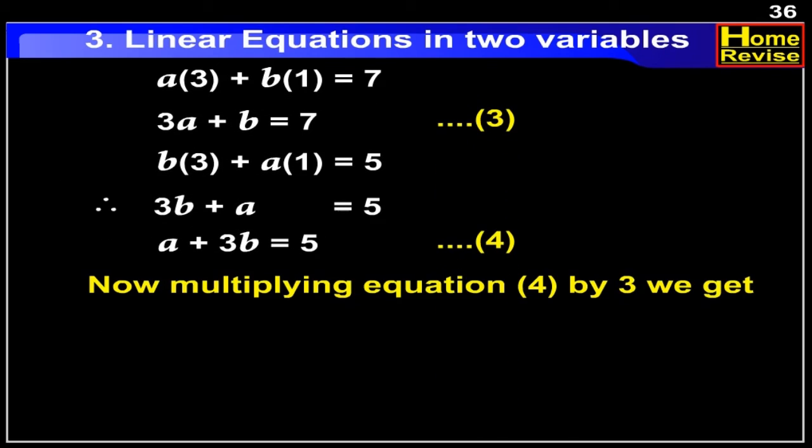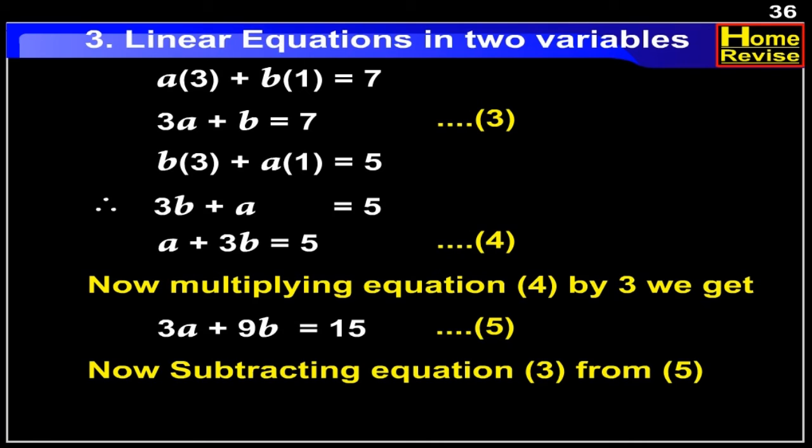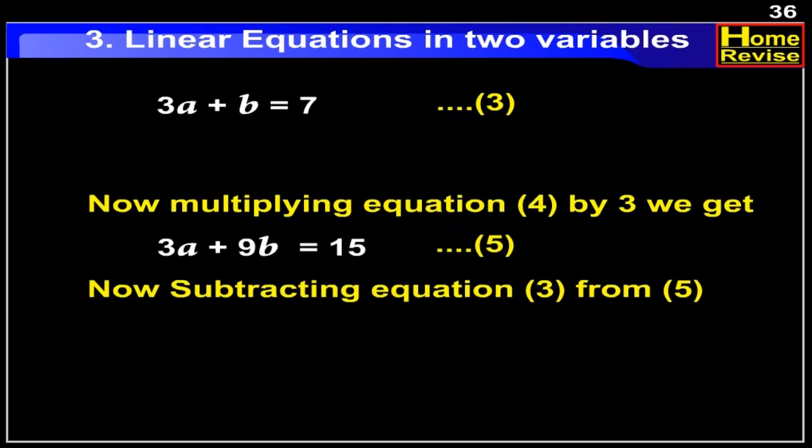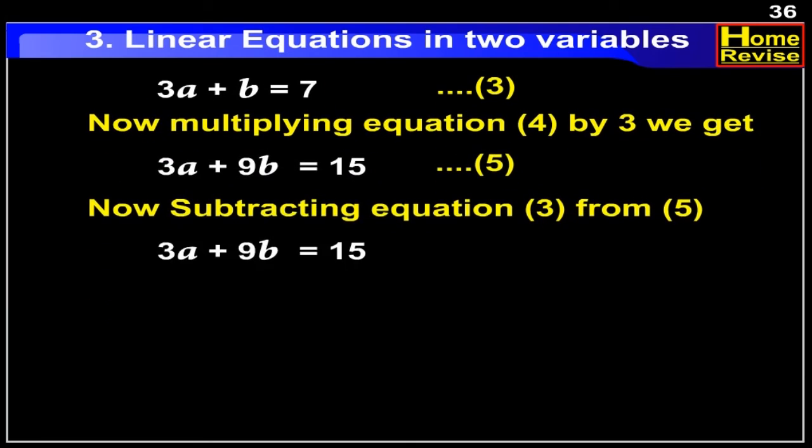Now multiplying equation 4 by 3, we get 3a plus 9b is equal to 15. Let this be equation number 5. Now subtracting equation 3 from 5, we get 3a plus 9b is equal to 15 minus 3a plus b is equal to 7.